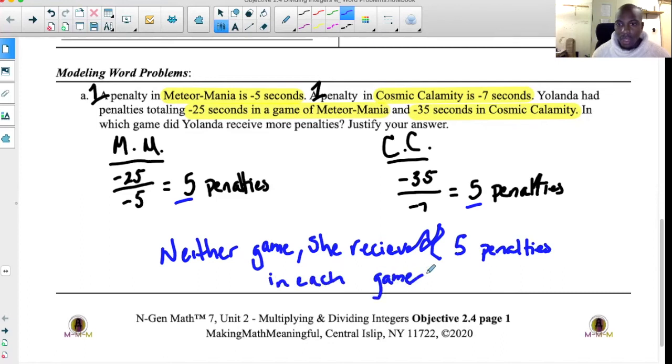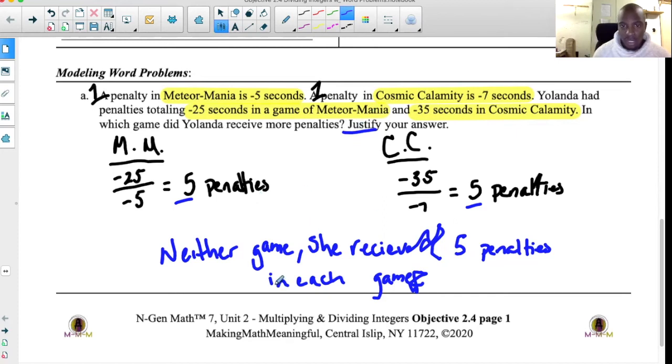Now, I want to go over this because this is important. I wrote my answer in 2 different ways, if you notice. The word justify means 2 things. Either show your work like I did here and show me that's 5, 5, so obviously I can see that there's not one that's higher than the other. Or justify means explain in words.